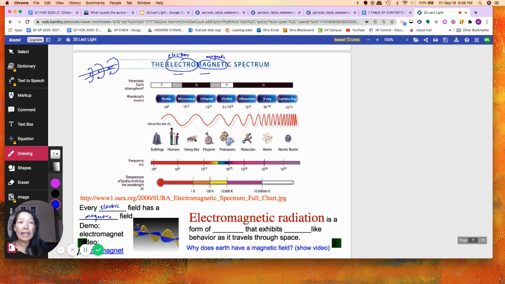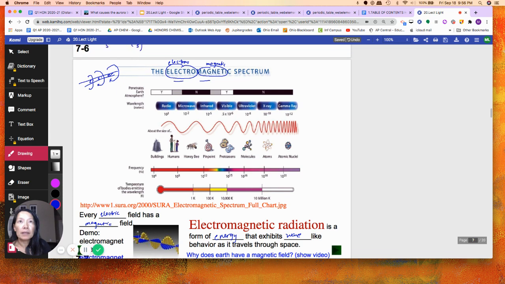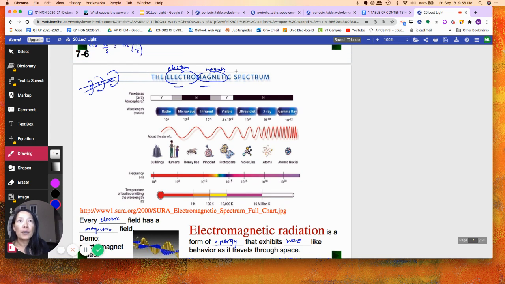Okay, so electromagnetic radiation is a form of energy that exhibits wave-like behavior as it travels through space. So all this radiation that you're seeing has energy inside it. Okay. So the reason this is called a spectrum is nothing more than a range, from small wavelength or long wavelength to short, a range or a list.